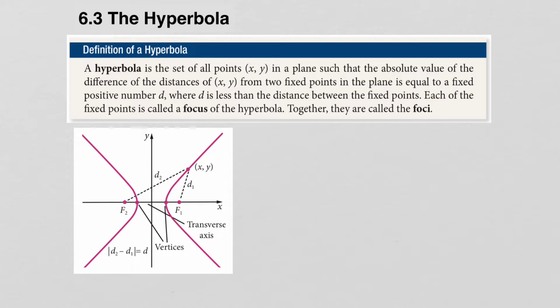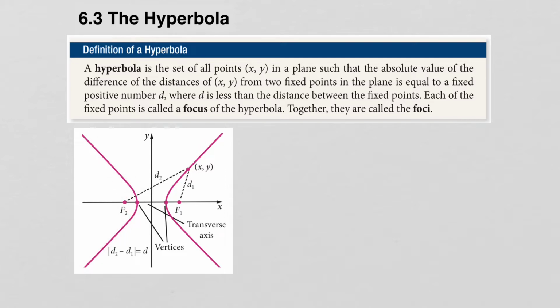So if you look at the picture we have here, you can see the hyperbola has this kind of shape, which probably reminds you a little bit of a parabola. Please understand that this shape is not the same as a parabola, but it does have some similar characteristics.